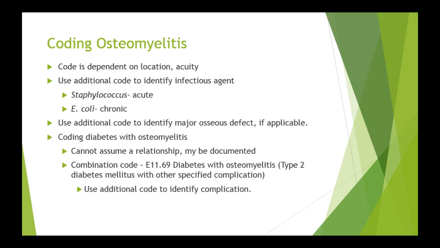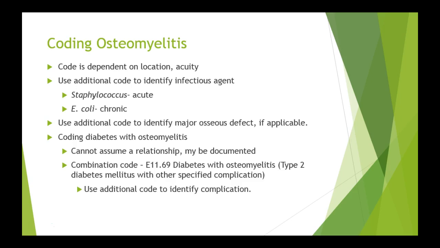That is in our tabular. When we look at that and verify it in our index as diabetes with osteomyelitis, and when we verify it in the tabular, it says type 2 diabetes mellitus with other specified complications. So other than the issues listed above, so you can look at E11.5, .4, .3, .2, .1. These do not have osteomyelitis, so this is a complication, but it's other than what's listed above. So E11.69 is our correct code for that, as long as the relationship has been documented.